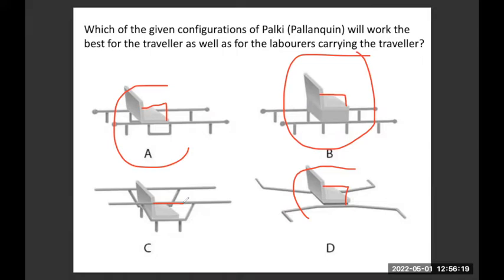The next part is when option A and option B are carried, they are raised from the ground.